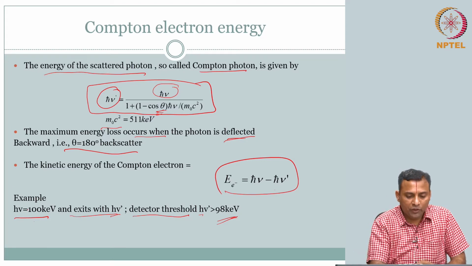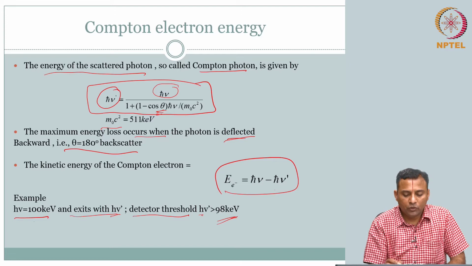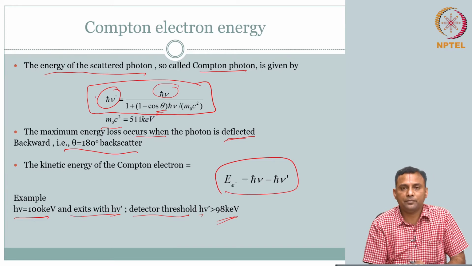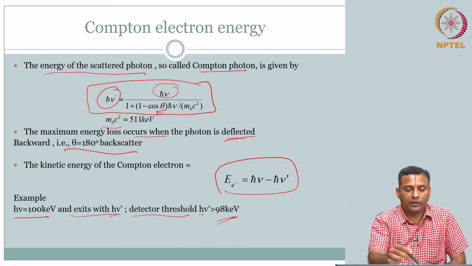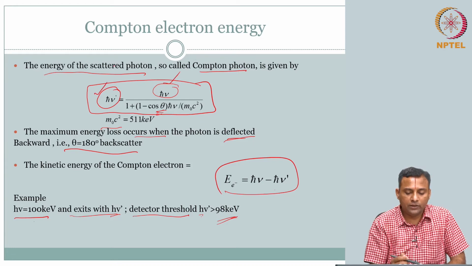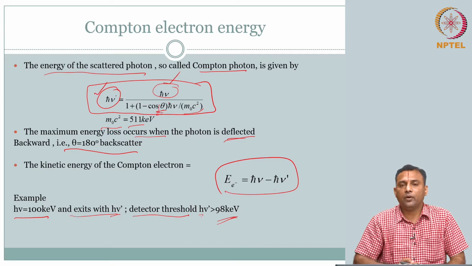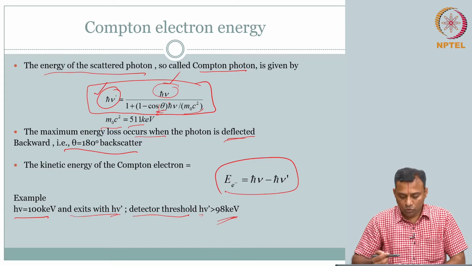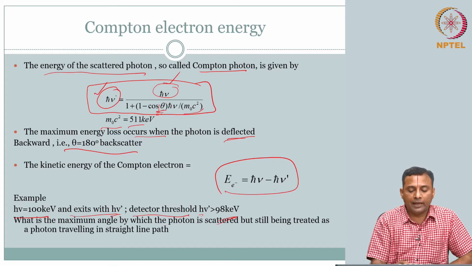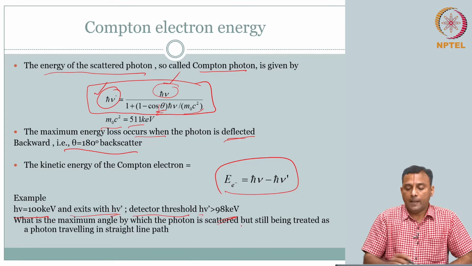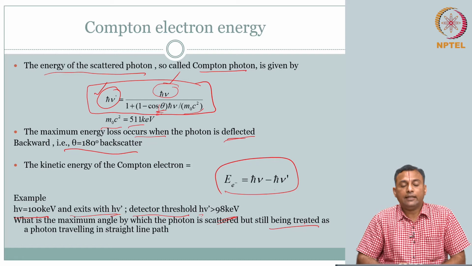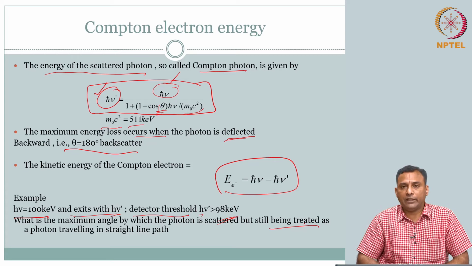What do you do? You are given h mu, you are given h mu dash, you know m naught c square, you have to find out theta. Okay. So, if you do that, what is the maximum angle by which the photon is scattered, but still being treated as travelling in a straight line path? If you calculate, it will turn out to be about 26.4 degrees.